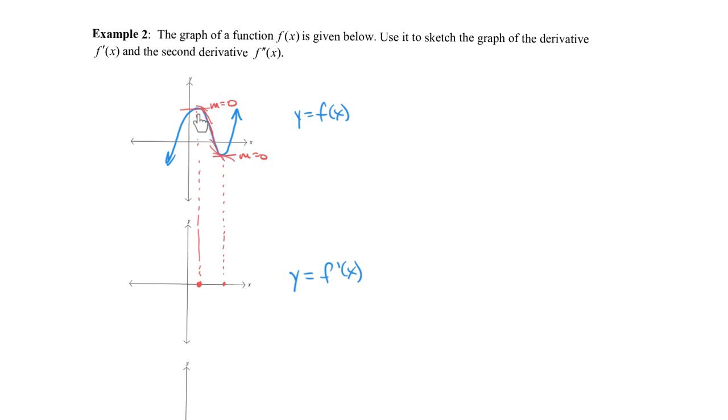The slope here is 0. If I go a little bit to the right, it's a small negative. If I go further to the right, it gets more steep, so it's a bigger negative number. So over here would be a more negative number. If you think about what that's going to do, it'll go something like this, and then it comes back around, right? Because over here, probably the most negative is right there.